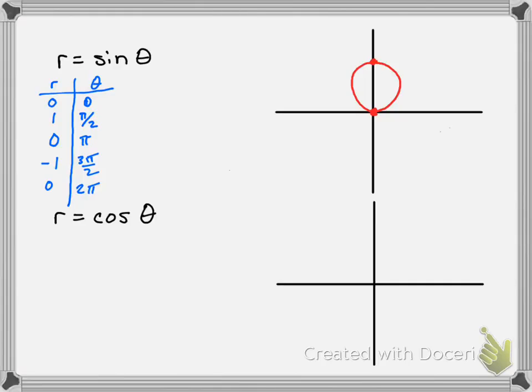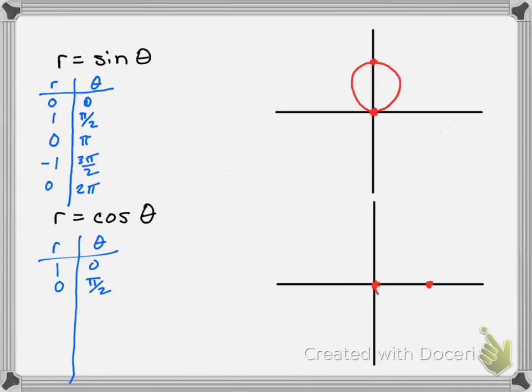All right, so now we're going to look at r equals cosine theta. If we follow a similar approach and make a table of values starting at 0, the cosine of 0 is 1. So at an angle of 0, that would put us at 1, which is right over here. Now the next angle is going to be pi over 2. Cosine of pi over 2 is 0. So that puts us here.